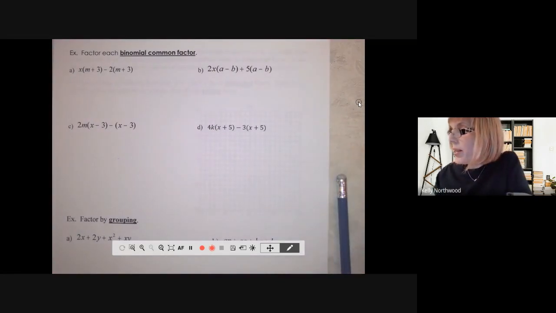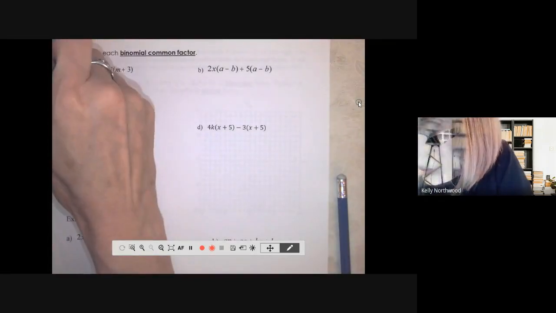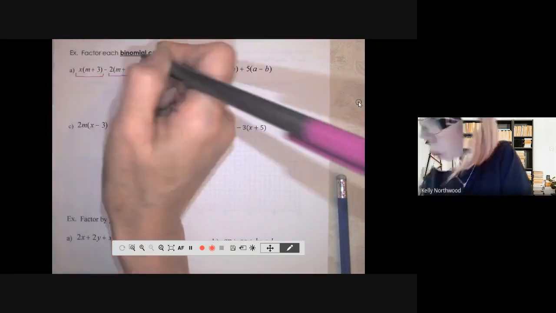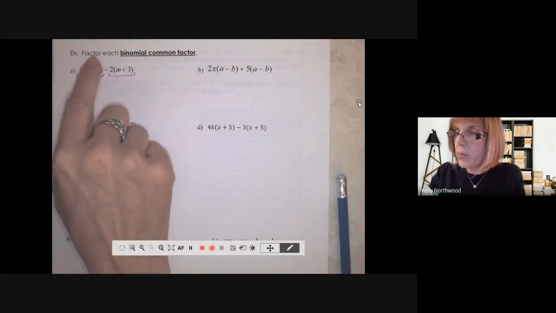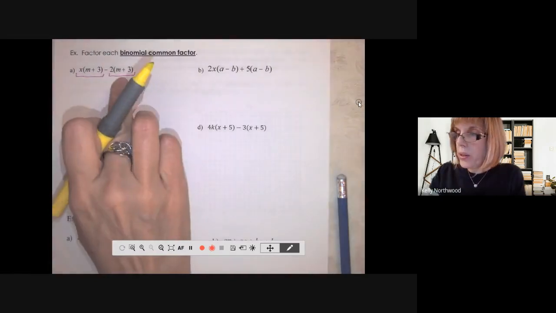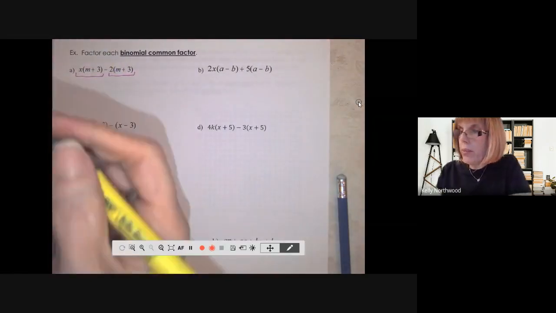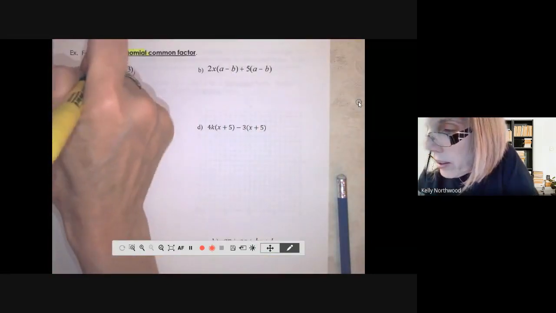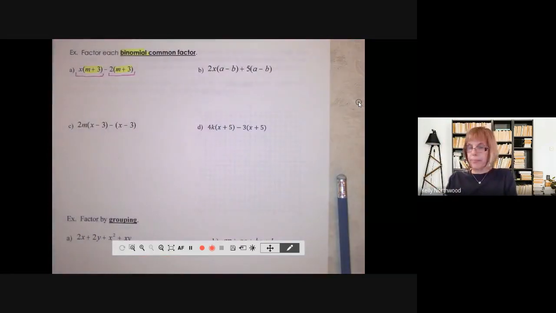So what I want you to do is think of this as one big term in the question, and then this as my second term in the question. And I'm looking for, if this is one term, what it has in common with the other term. So here's the first term, here's the second term. What do they have in common? Well, they have a binomial in common. They have the binomial m plus 3 in common.